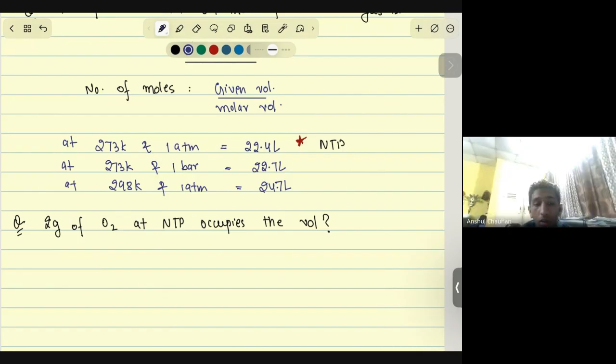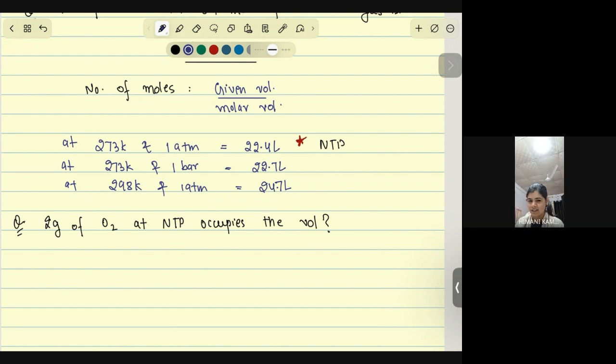Do we multiply number of moles with volume at NTP to get the answer? I guess you have to divide it. 22.4 liter.